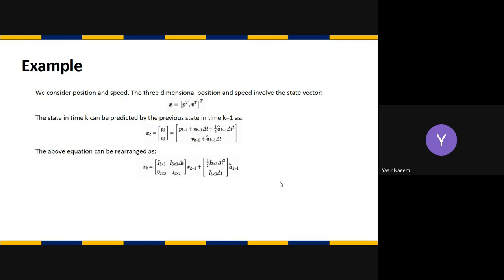The state in time k can be predicted by the previous state in time k minus 1, as you can see in these brackets, where delta t is the step time we use, and the above equation can be arranged as this.